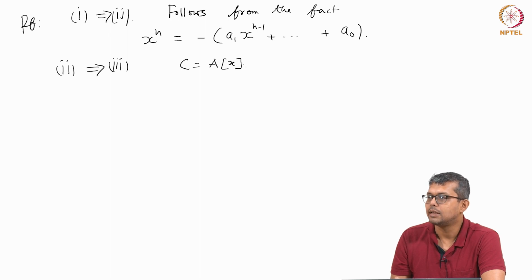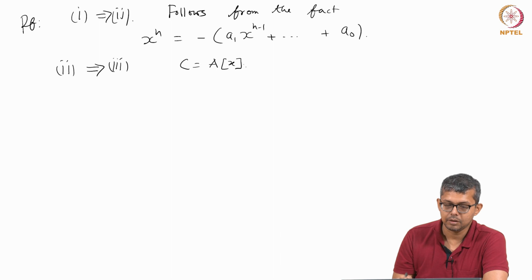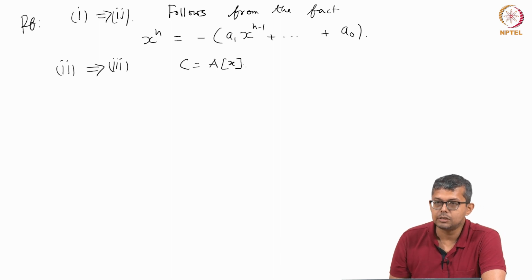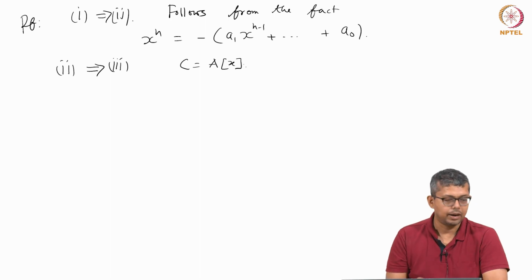Yes, they are the generators for A[x]. Correct. So there exists a finitely generated A module which contains A[x]. You know A[x] is finitely generated, so you take C to be A[x].